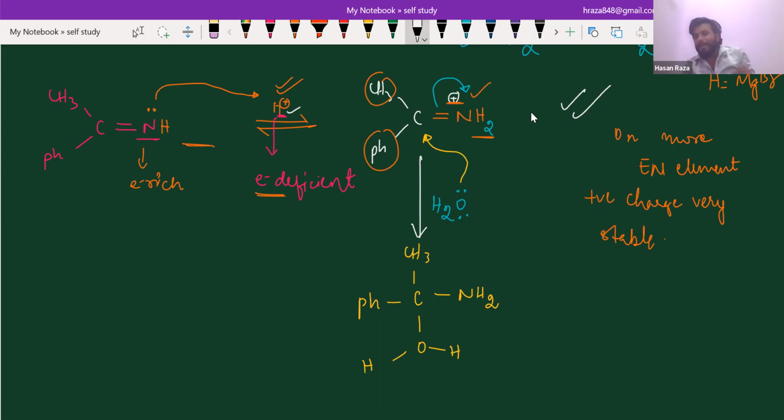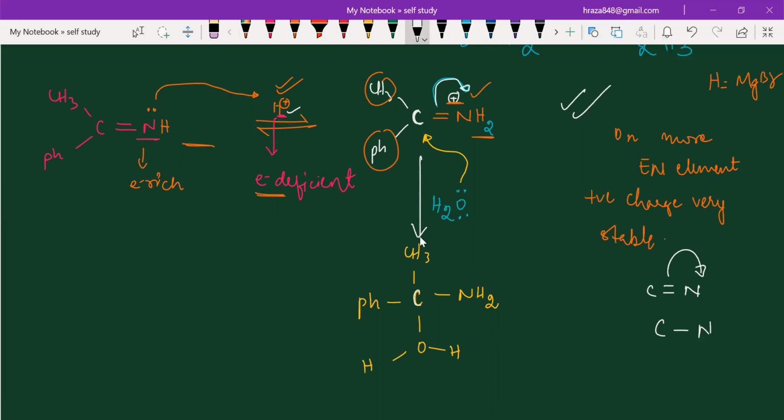So in order to stabilize itself, nitrogen will take an electron from this carbon. When nitrogen takes one electron from carbon, it will now be singly bonded. This was like this, and it will take one electron from carbon, so it will be like this. Now carbon has a deficiency of electrons.